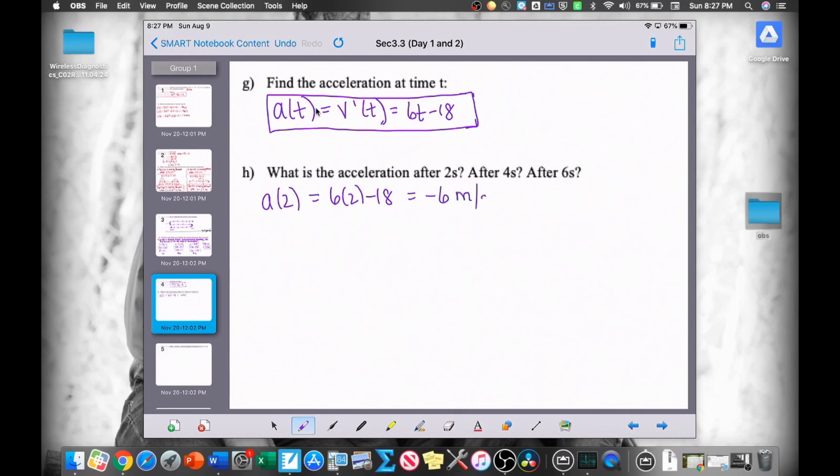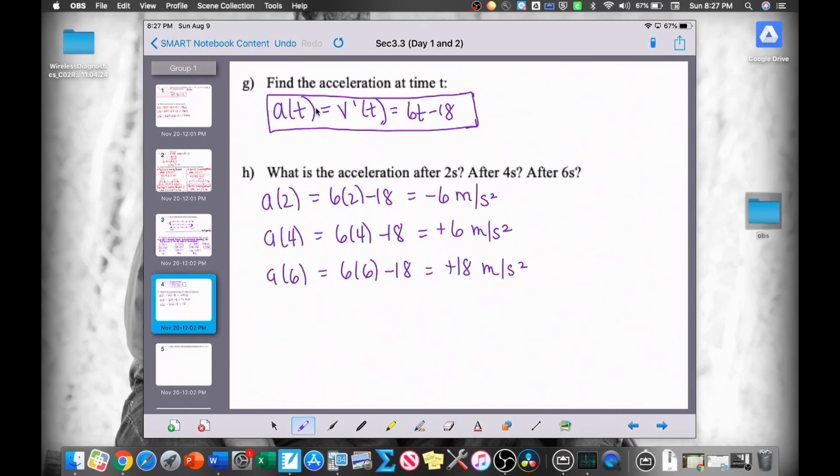Units on acceleration are meters per second squared. A of 4 is going to be 6 times 4 minus 18. 24 minus 18 gives us positive 6 meters per second squared. And then finally, A of 6 is equal to 6 times 6 minus 18. 36 minus 18 gives us positive 18 meters per second squared.